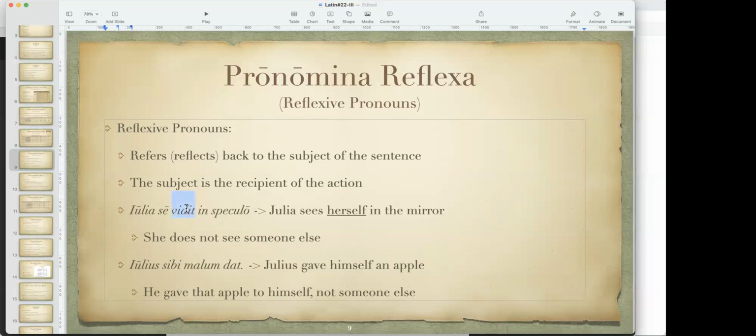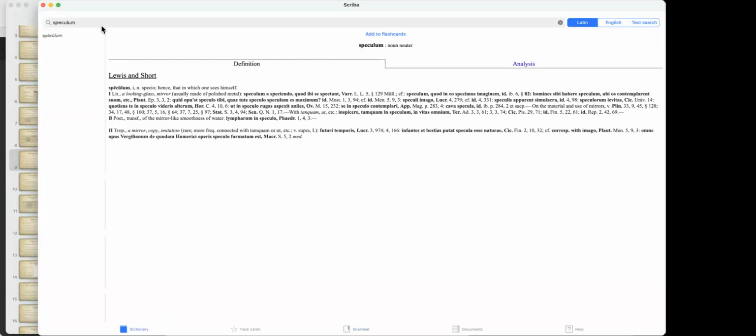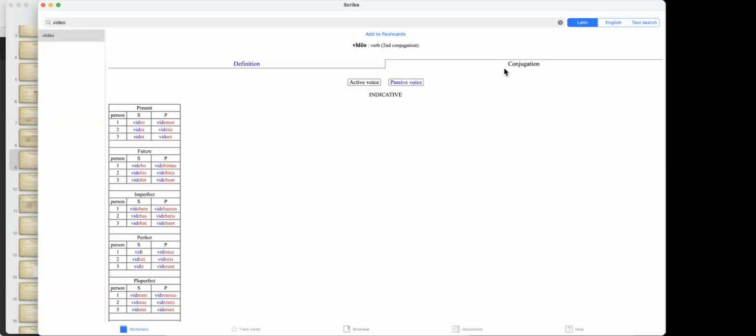To see is video. It's a second conjugation verb, isn't it? I think it's second conjugation. You know what? I copied that from the book. It's videt. And you know why? Well, no, hold on. Let me explain something. Vidit is the perfect tense.